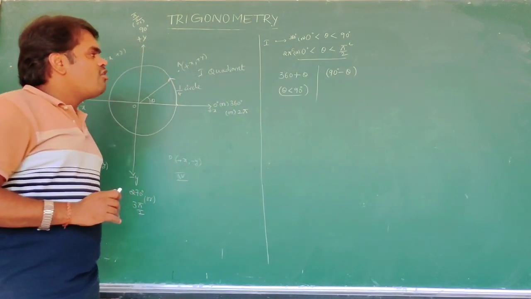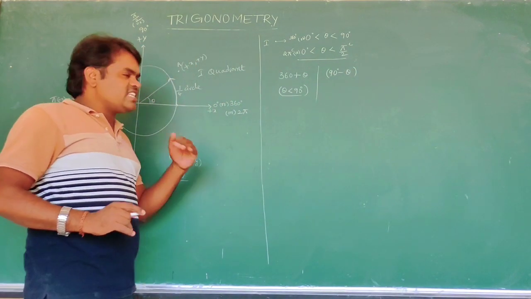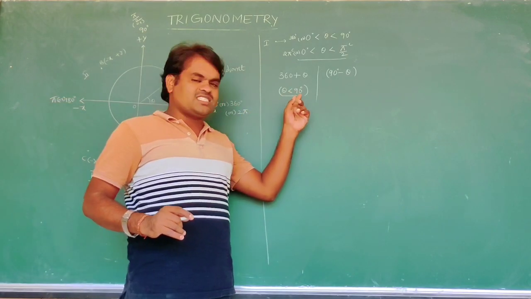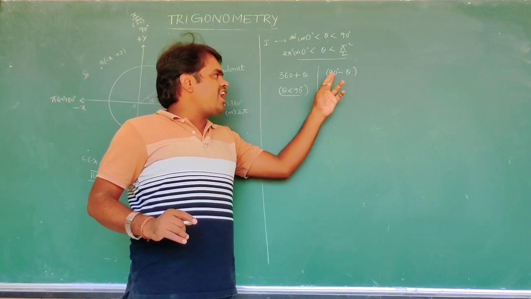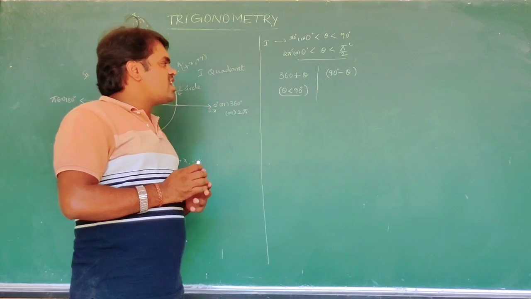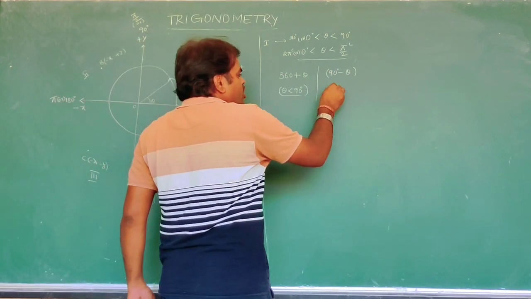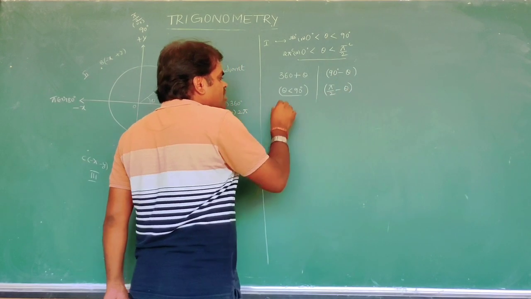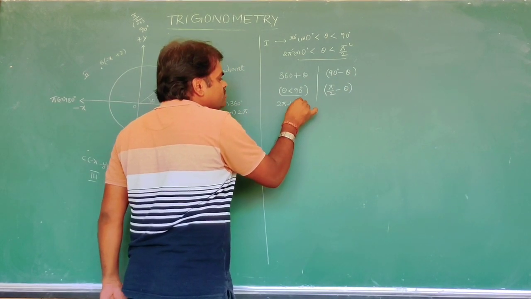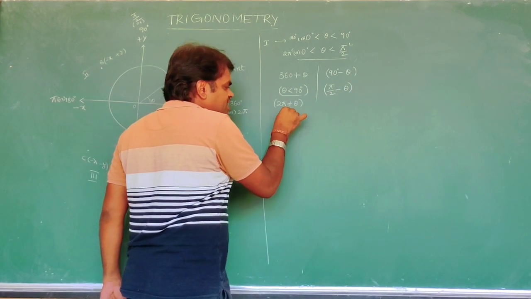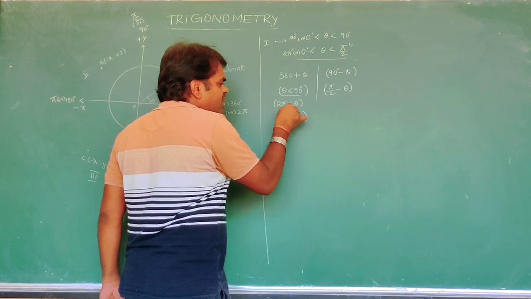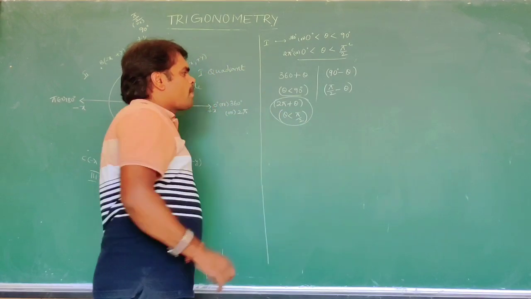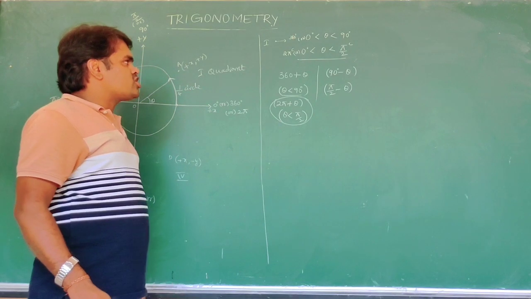This is called the first quadrant. In radians we write pi by 2 minus theta, or 2 pi plus theta, where theta is less than pi by 2. This is the condition. This is the first quadrant.